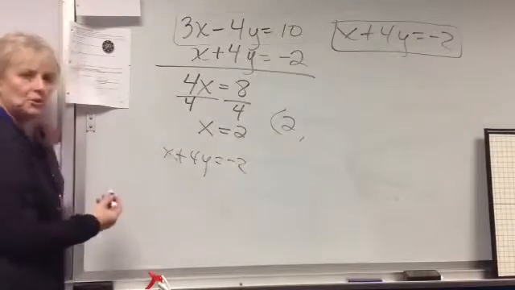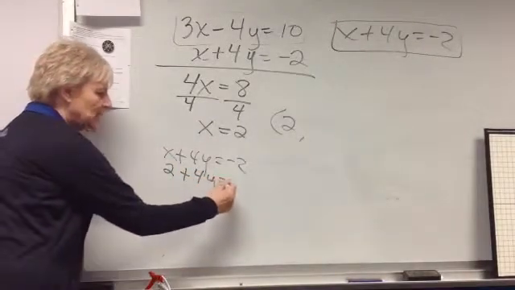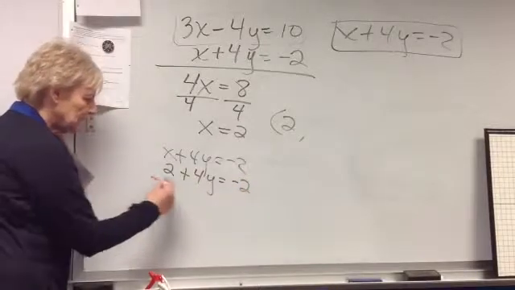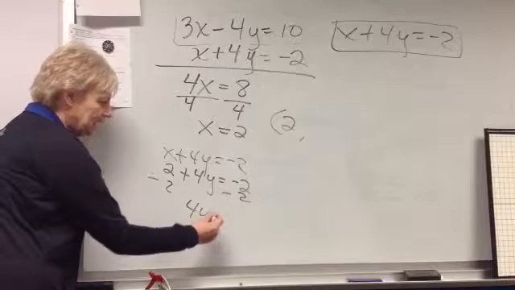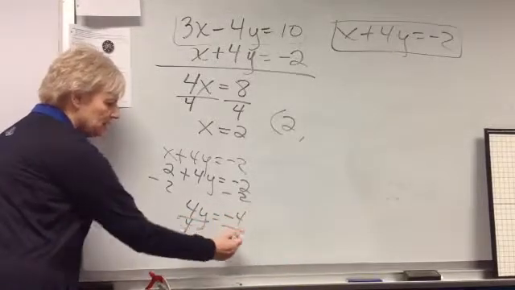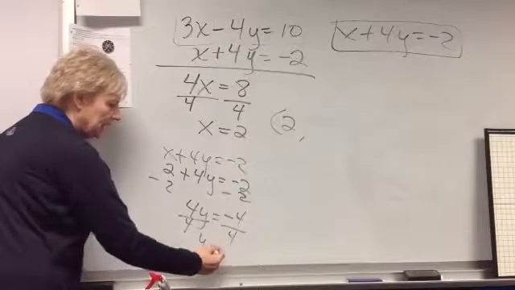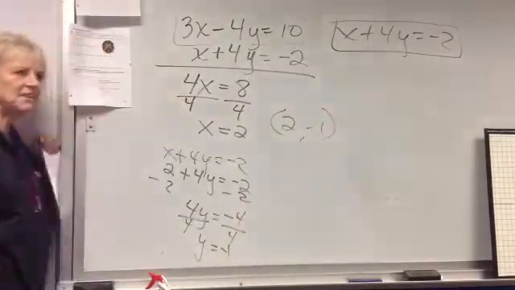And plug in a 2. 2 plus 4y equals negative 2. Subtract 2. 4y equals negative 4. Divide by 4. Divide by 4. Y equals negative 1. That's the answer.